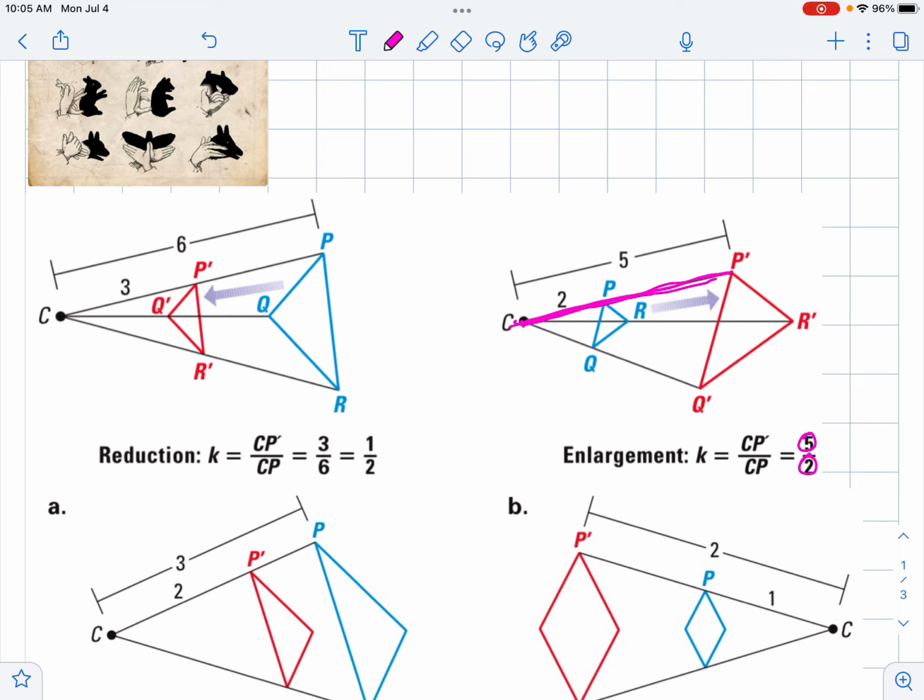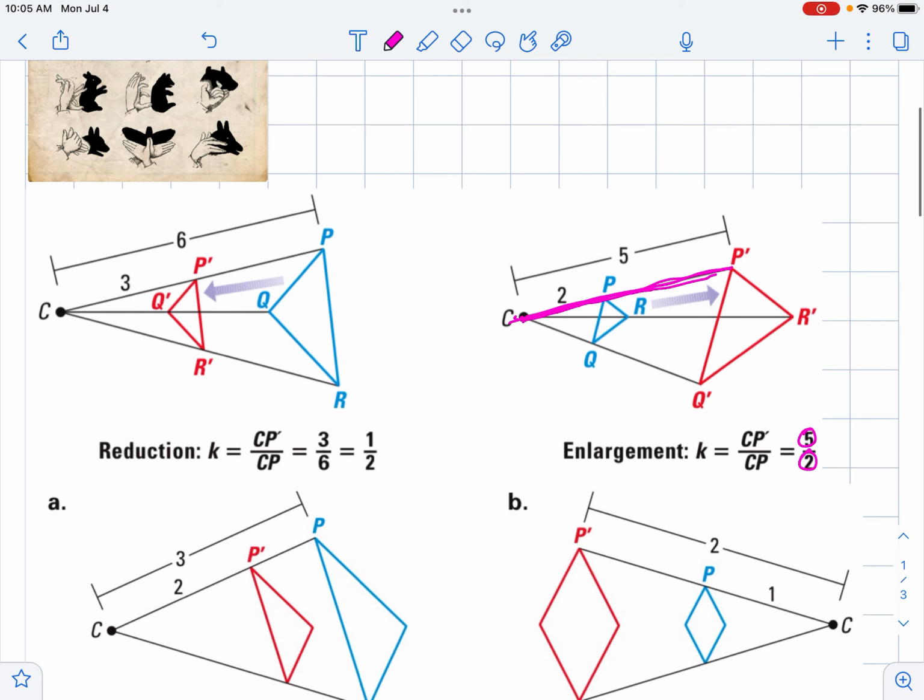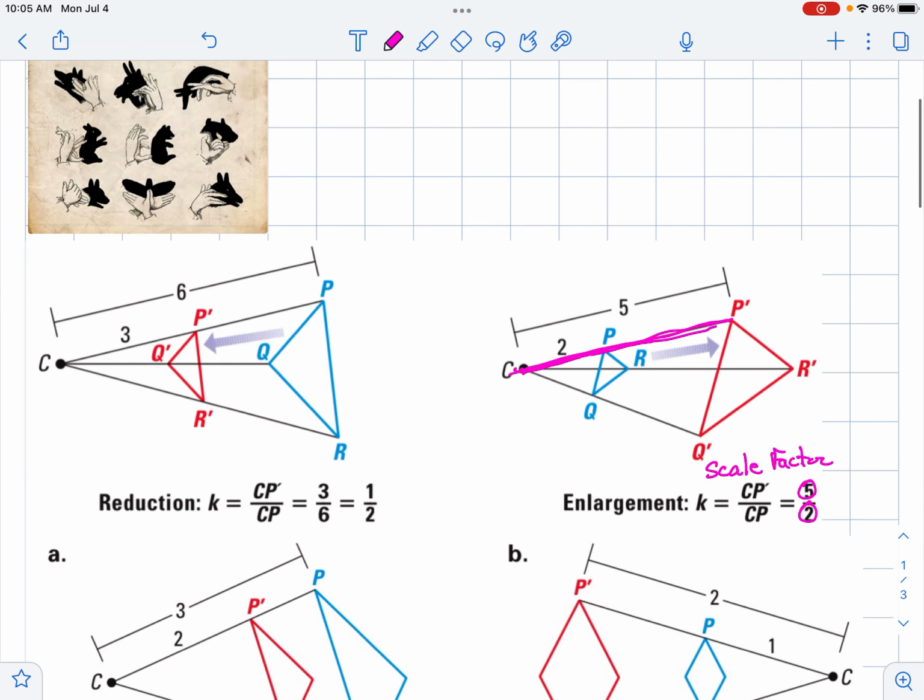Now, we call this a scale factor. If we get a scale factor bigger than 1, then we say that the image is bigger than the pre-image. That's kind of intuitive to think about in the context of shadow puppets. But dilations don't have to give you a bigger image.